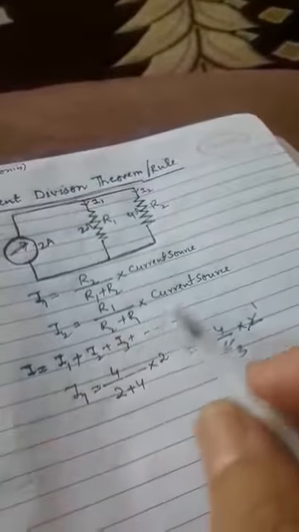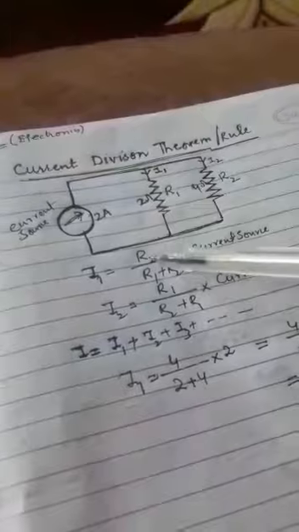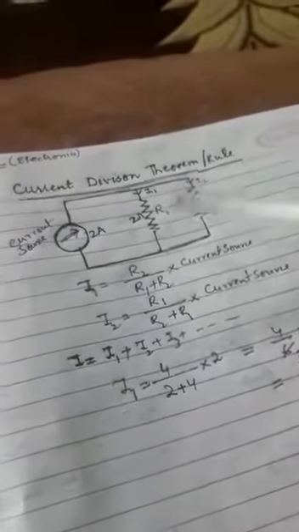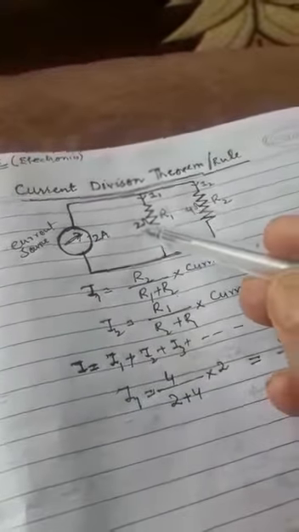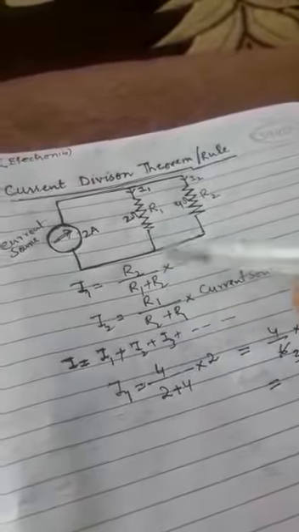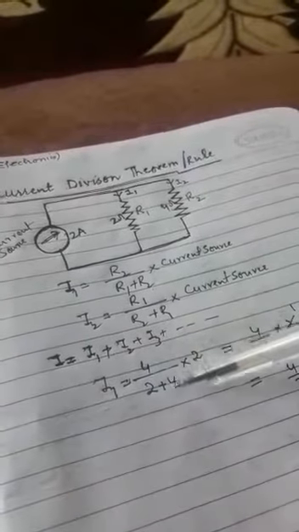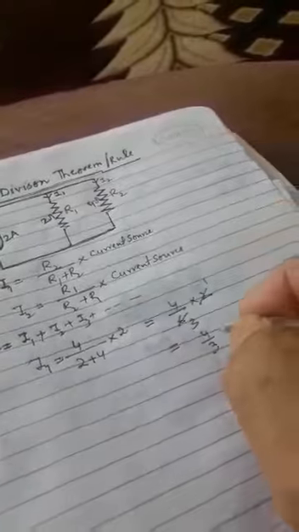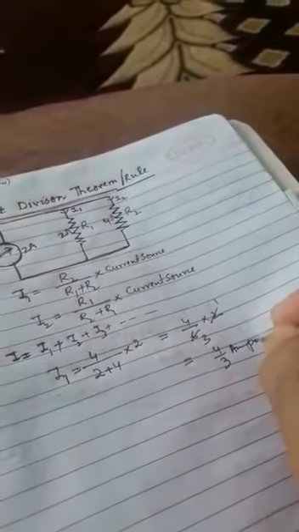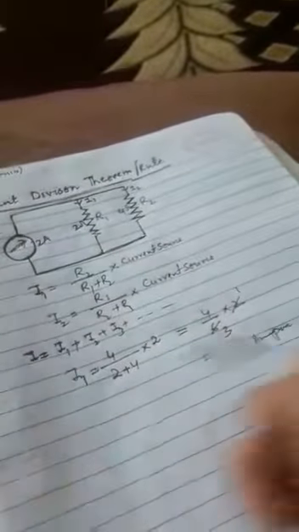Again, R2's value is 4, R1's value is 2, plus R2's value 4, that is 6 into 2. That is now 4 by 3 ampere. You are finding the current, that is why I am writing here 4 by 3 ampere.